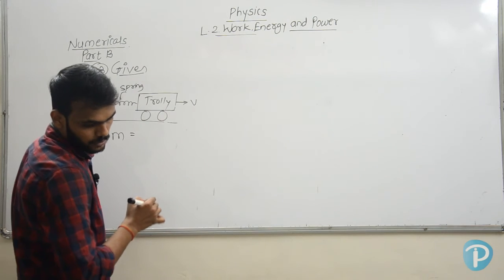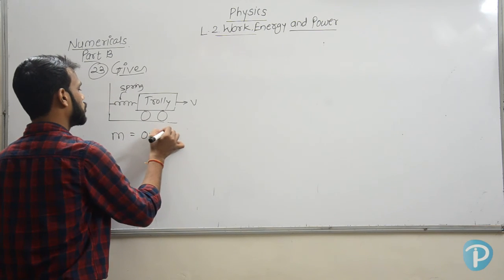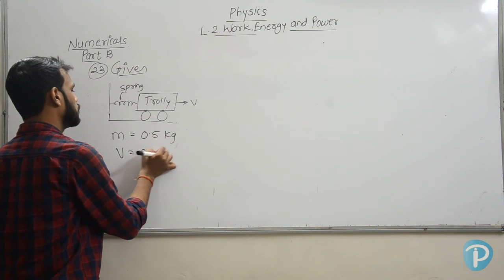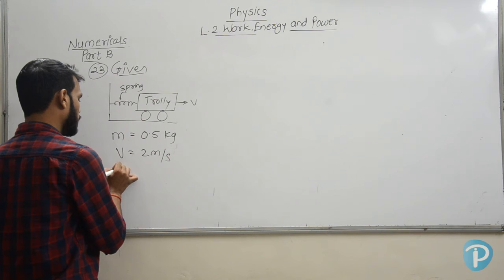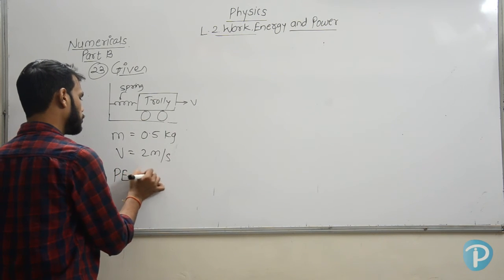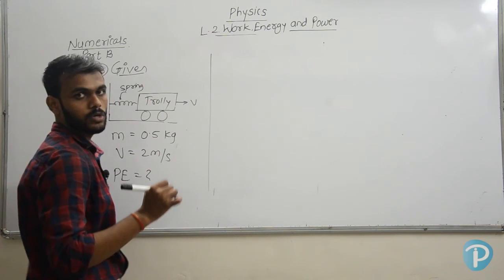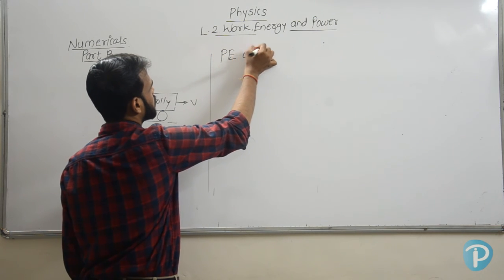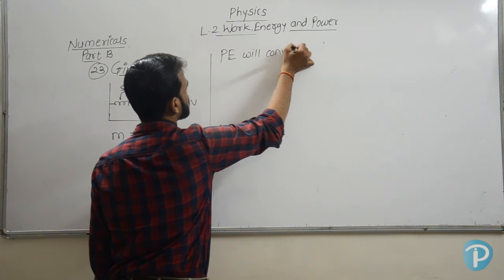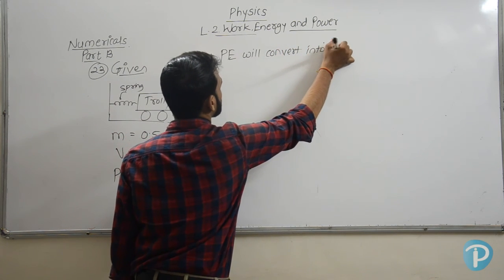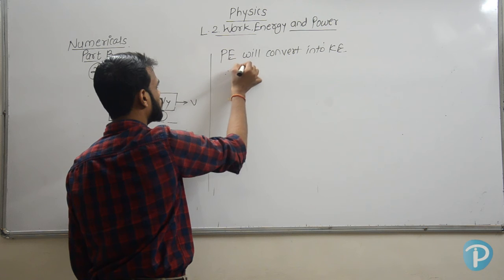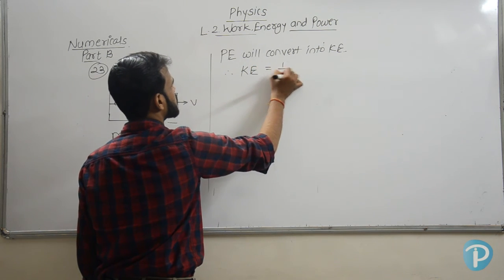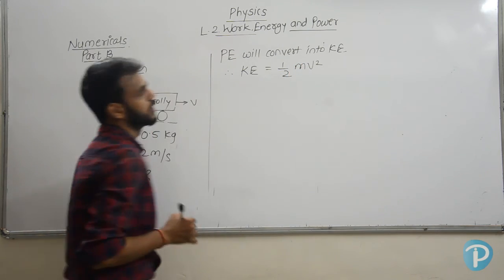Mass is 0.5 kg, then velocity 2 meter per second, and we have to calculate the elastic potential energy. As I have explained, potential energy will convert into kinetic energy, therefore we will calculate kinetic energy only, that is half into mass into velocity square.